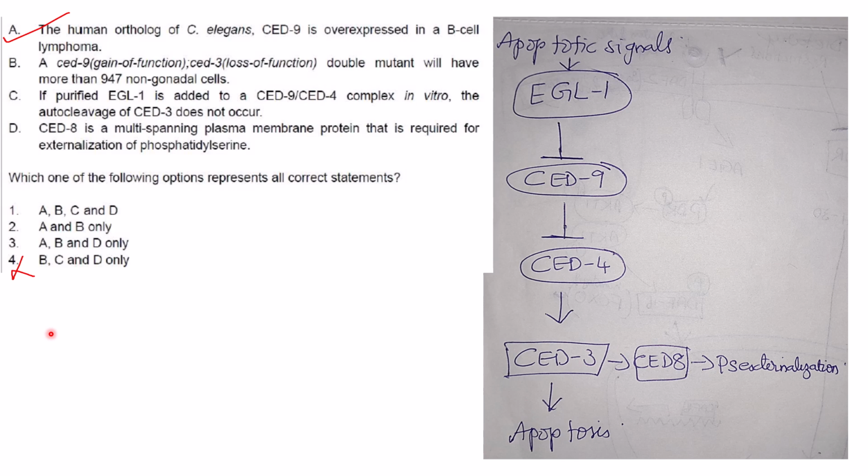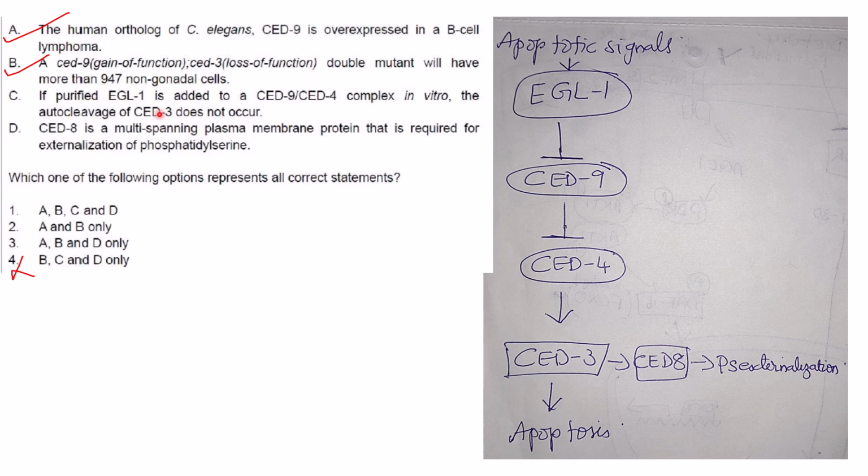Because of this mutation, no apoptosis is taking place in the double mutant. So naturally there will be more than 947 non-gonadal cells in this double mutant. Okay, so B is correct. B is there in 1, 2 and 3. Now C and D.